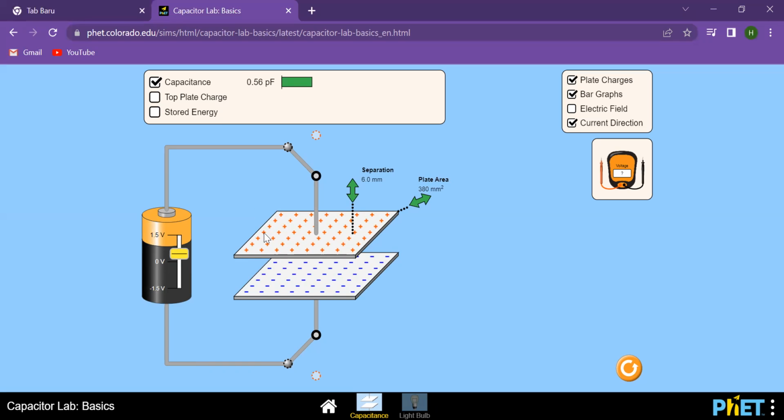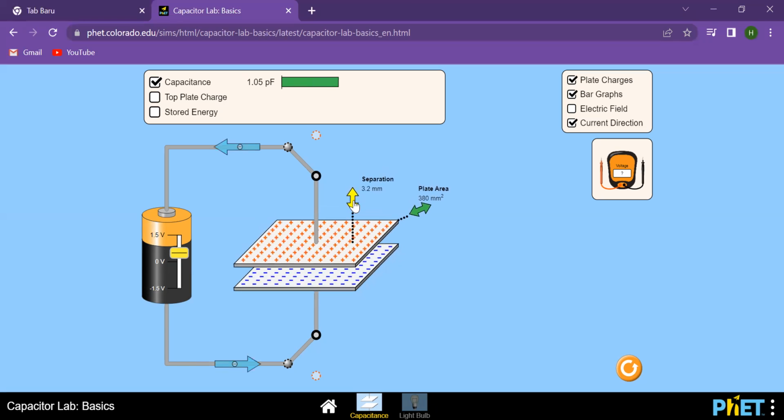Secondly, look carefully. If I set the distance of this capacitor, and the voltage is increased, if I set this capacitor closer, the distance, look, it affects the capacitance of the capacitor. It becomes 1.05 picofarad.